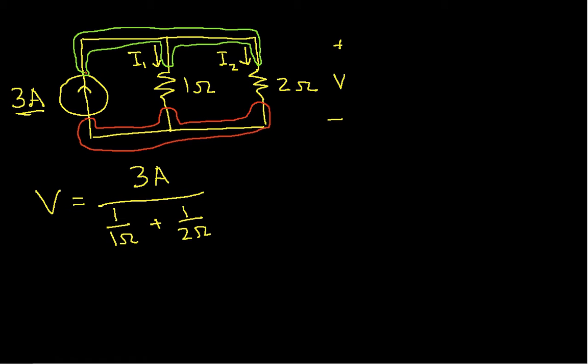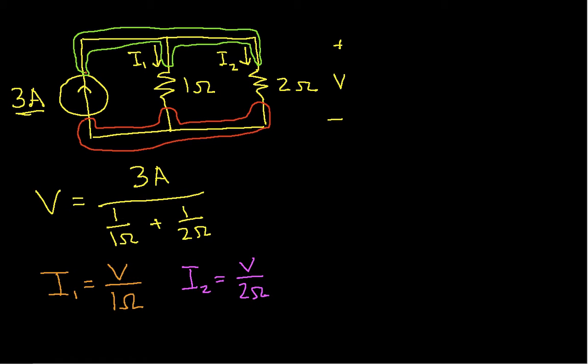Now, we also can write the currents that we're interested in terms of V. I1 is the voltage across the resistor, V, which we've just solved for, over 1 ohm. I2 is V divided by 2 ohms.